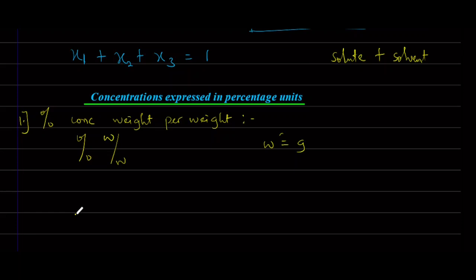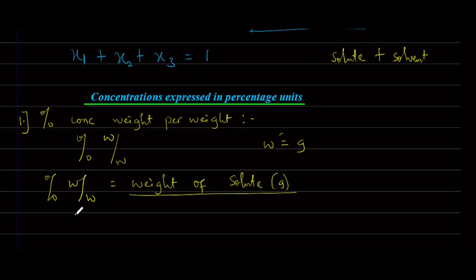So if you are to define it, we say it is the weight of solute, or mass of solute, in gram, over the weight of solution in gram, because we define it as the weight of solute in grams present or dissolved in 100 grams of solution. Why are we using 100? Because we are concerned about percentage. So it is weight to weight.